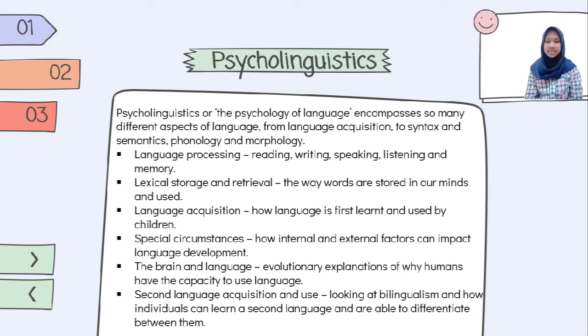And number 6, second language acquisition and use: looking at bilingualism and how individuals can learn a second language and are able to differentiate between them. The common aim of psycholinguistics is to find out about the structures and processes which underlie a human's ability to speak and understand language.